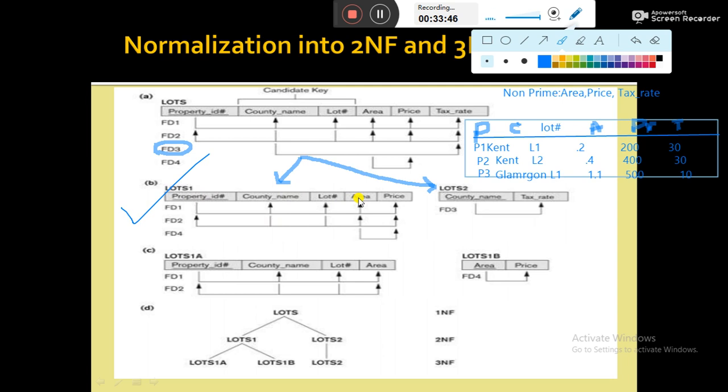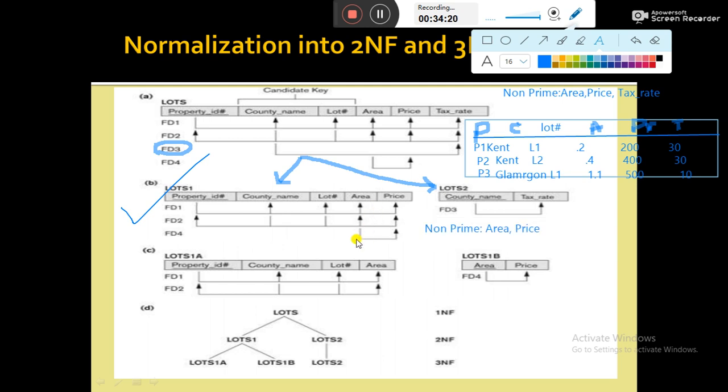Area is neither a part of county name, lot number nor property ID, so area is a non-prime attribute. Price is also neither a part of county name, lot number nor property ID, so price is also a non-prime attribute. So for that relation, the non-prime attributes are area, price.